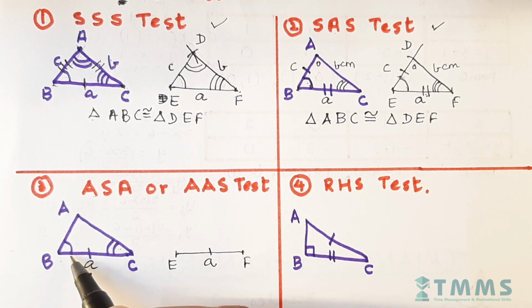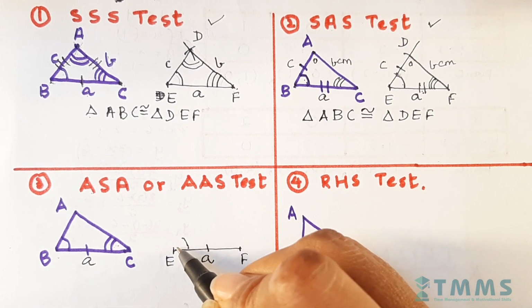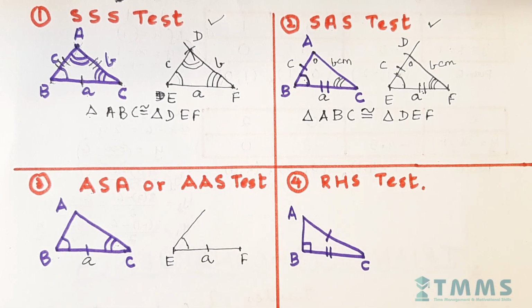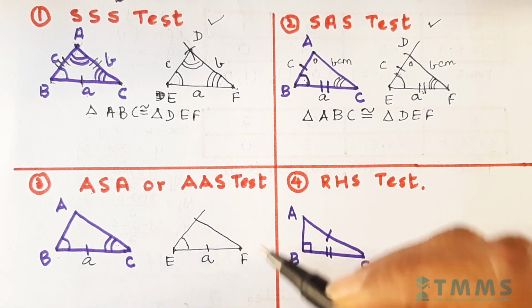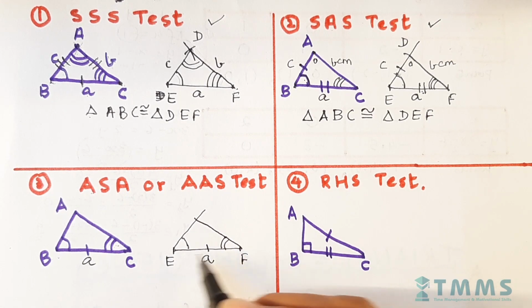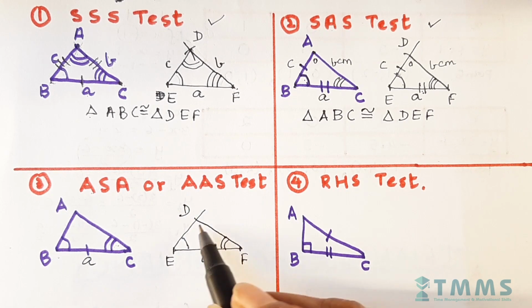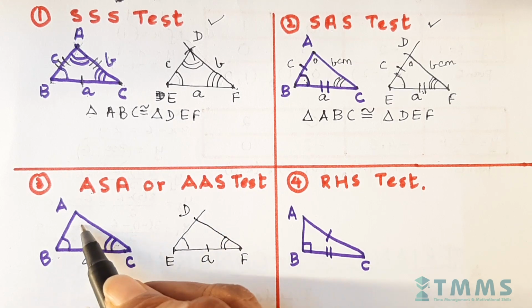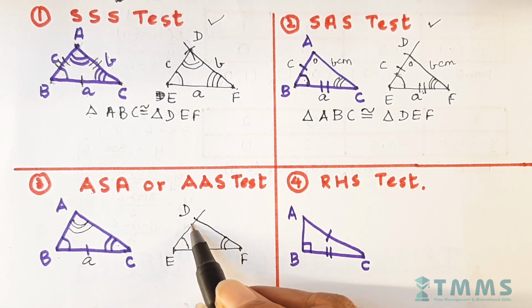Then I'm going to measure angle B, and I'm going to have exactly the same angle here, E, and for C also I'm going to take exactly the same angle, so we have angle C equal to angle F, and so I get my angle D. And this vertex D will have the same measure as this.